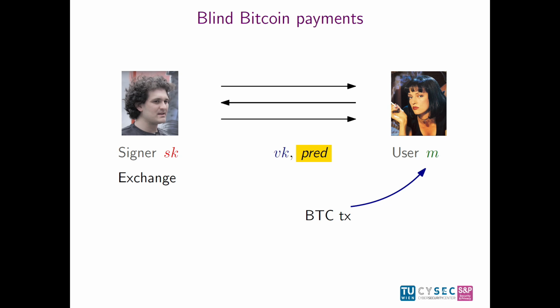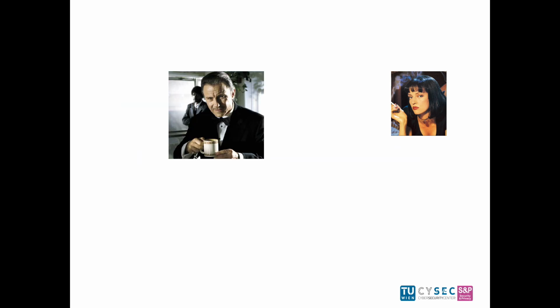But we can use the predicate functionality to guarantee to the signer that the transaction he's signing has an amount less than some value V, and then after the signing, the exchange can just debit the user account by V, or a lot more. This is the scenario that we implemented, and that leads to the numbers that I showed. Okay, that's all, and now it's time for coffee.